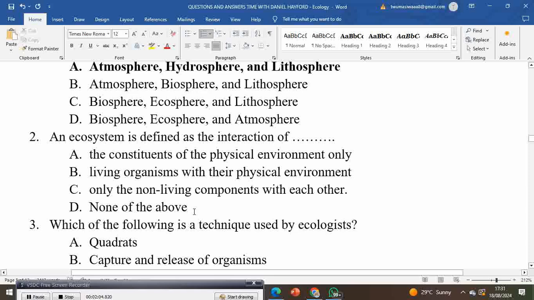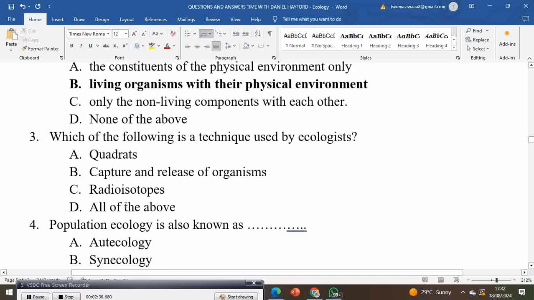So which one is your best answer for question number 2? Based on the discussions we've had in the lecture hall and the information that you have read, the best answer should be B, interaction of living organisms with their physical environment.